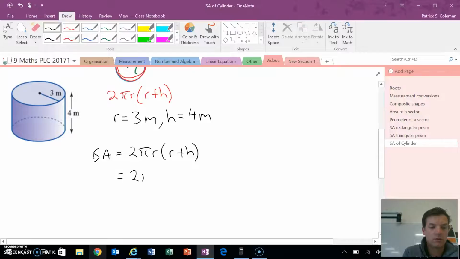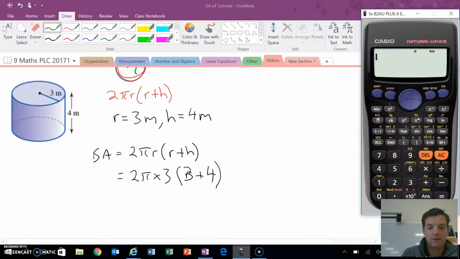So it equals 2 pi times r. We've set our value for r is 3, outside of 3 for r, plus our height, which is 4. Sorry, put 3 and 4. Now, if we want to at this step, we can pretty much just plug that straight into the calculator.